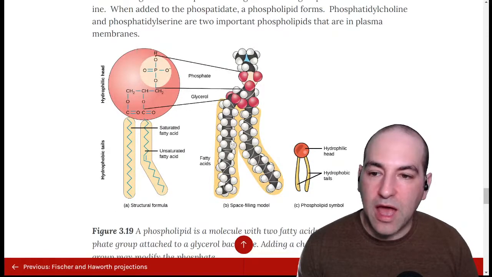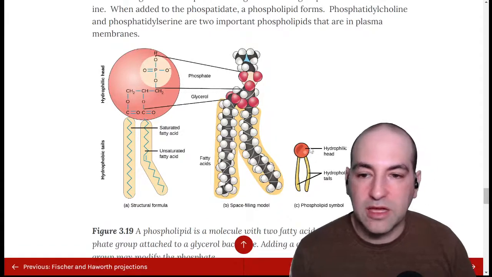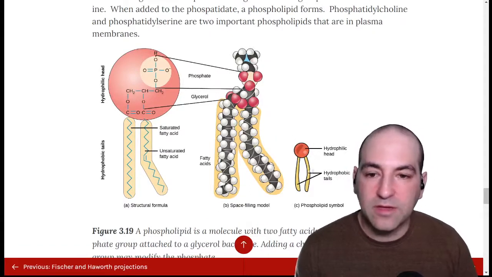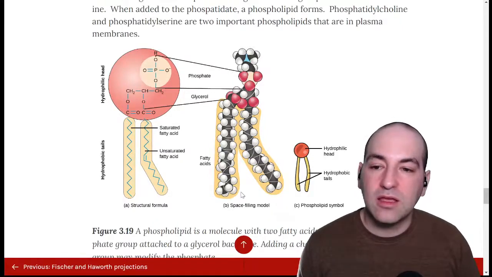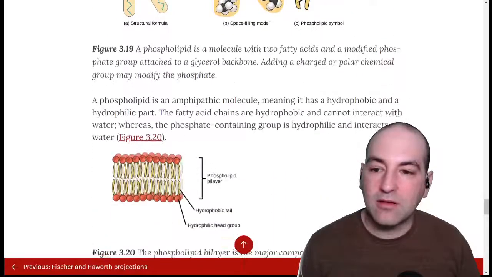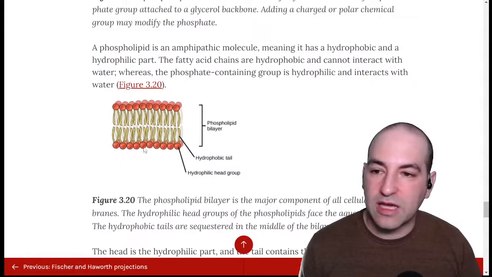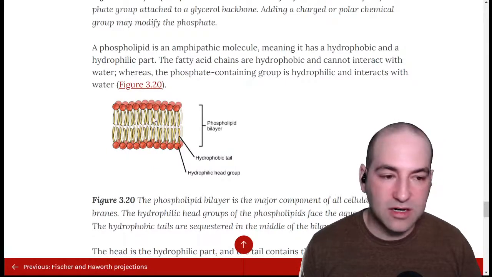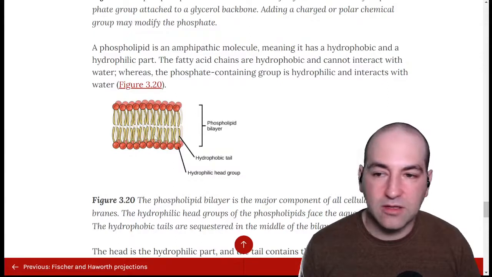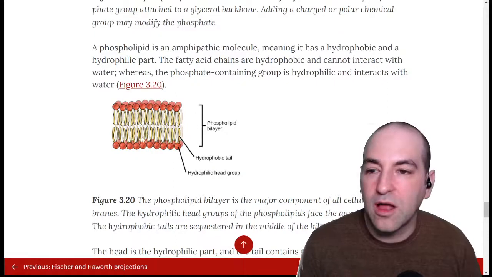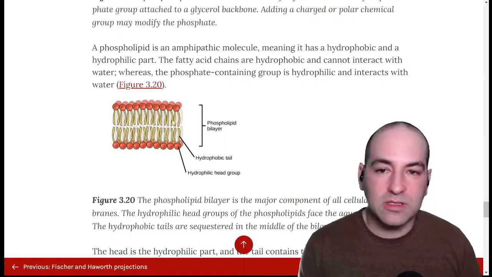So we can look at this as a molecule that has two different sides, the hydrophilic head and the hydrophobic tail. And these organize themselves in a way that looks kind of like this. So there again are our heads and our tails, our hydrophilic heads and our hydrophobic tails. So hydrophobic meaning nonpolar. This is what cell membranes are made out of.